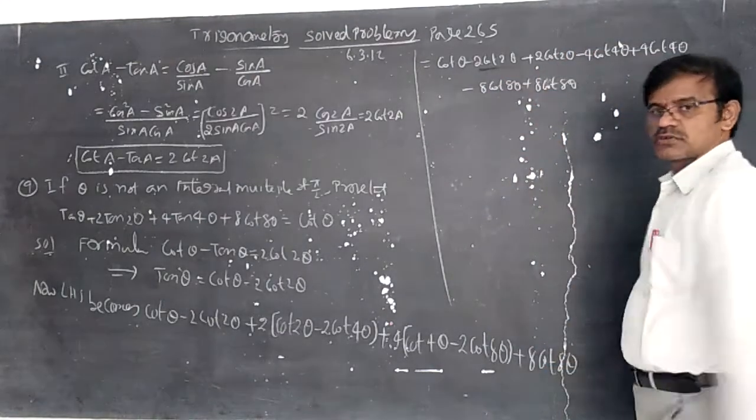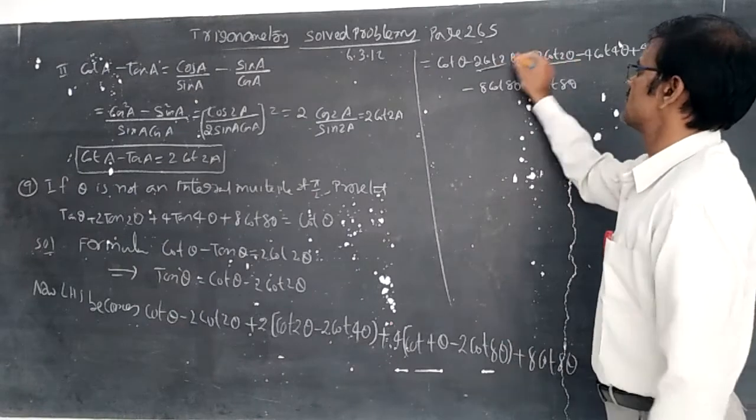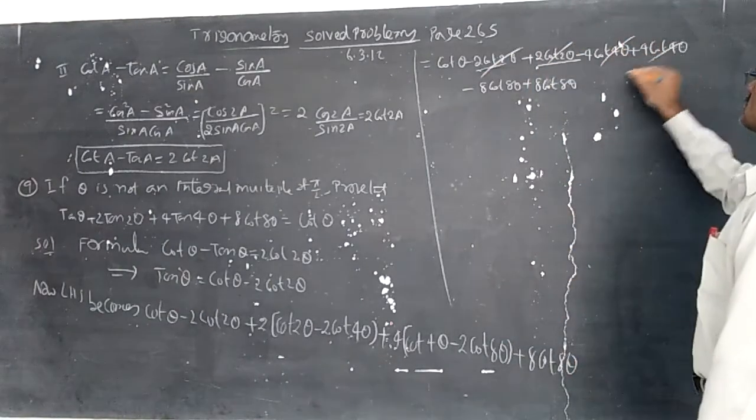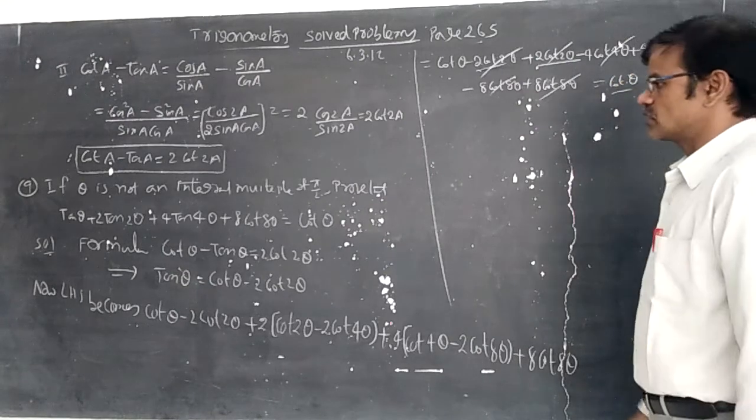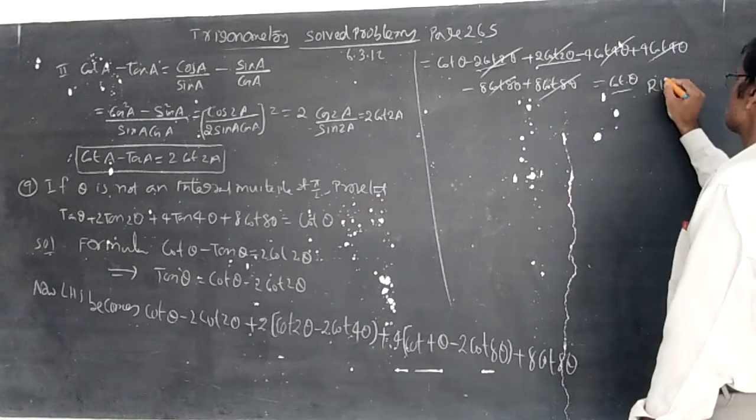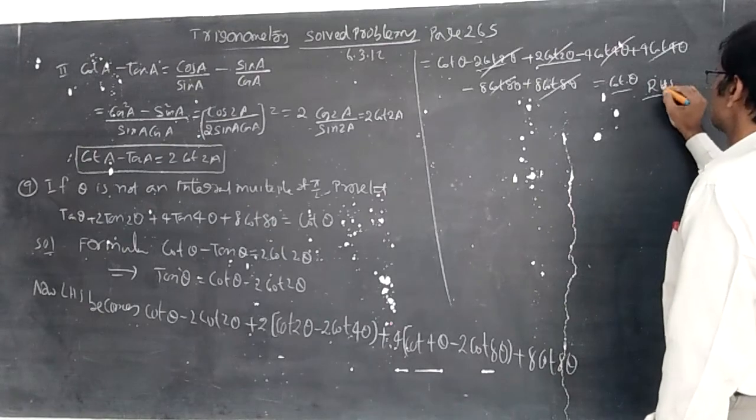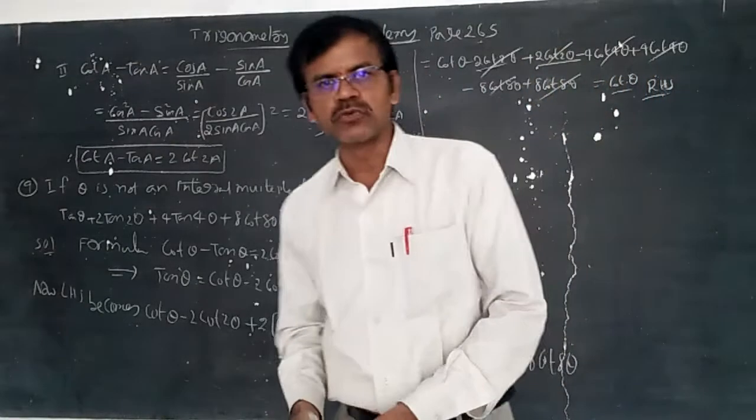Here minus 2 cot 2 theta and plus 2 cot 2 theta get cancelled, and the others cancel too. Only cot theta remains, which is equal to RHS. So LHS is equal to RHS, we have proved.